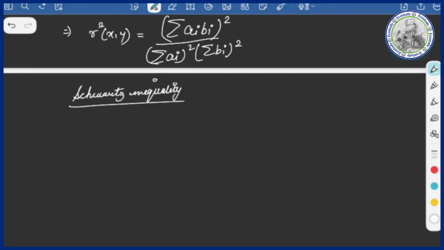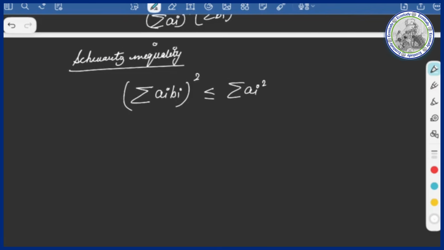So what does Schwartz inequality say? Summation ai bi whole square should be less than or equal to summation ai square into summation bi square. This proof is also not important for your JAM exam, but you should remember it at least.